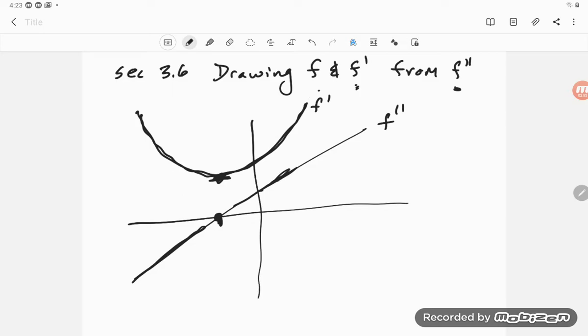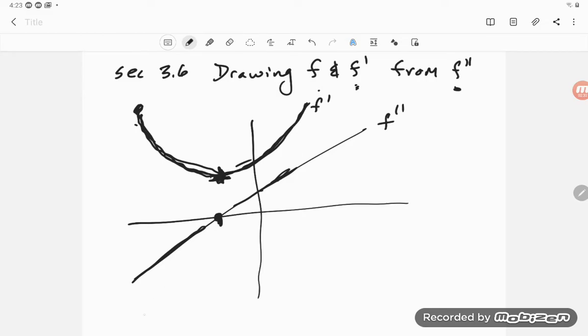It was increasing really steeply, but then not as steeply because the derivative is smaller down here than it is up here. So it was steep and then not as steep, but still positive slopes. And then it got steeper again.